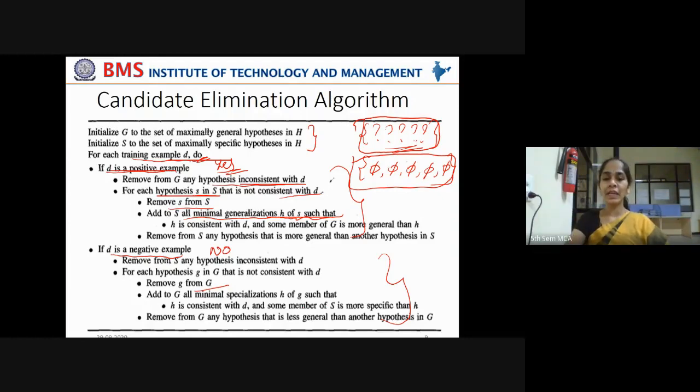Now remove from G any hypothesis that is less general than another hypothesis in G. So if I paraphrase it in a single sentence, in the specific boundary set you don't want any general hypothesis, in the general boundary set you don't want any specific hypothesis, right?